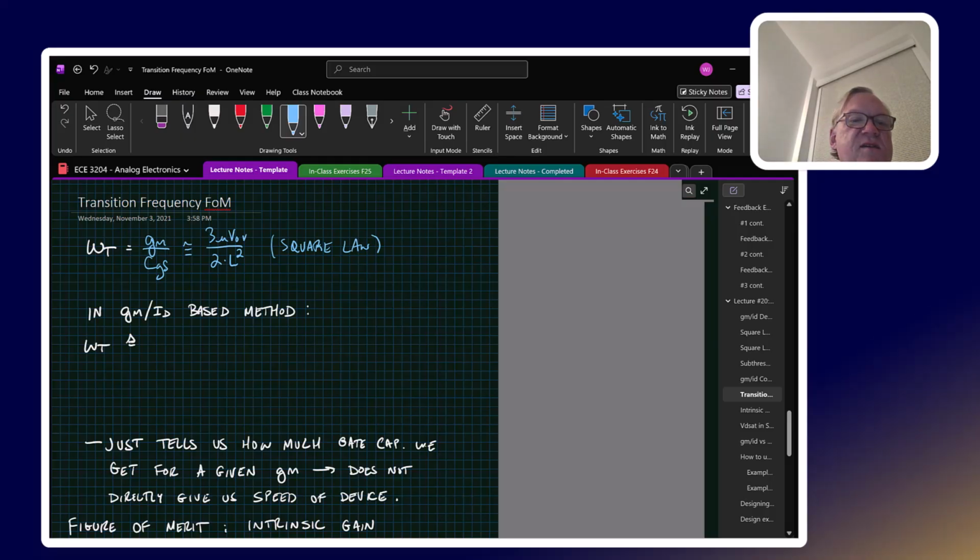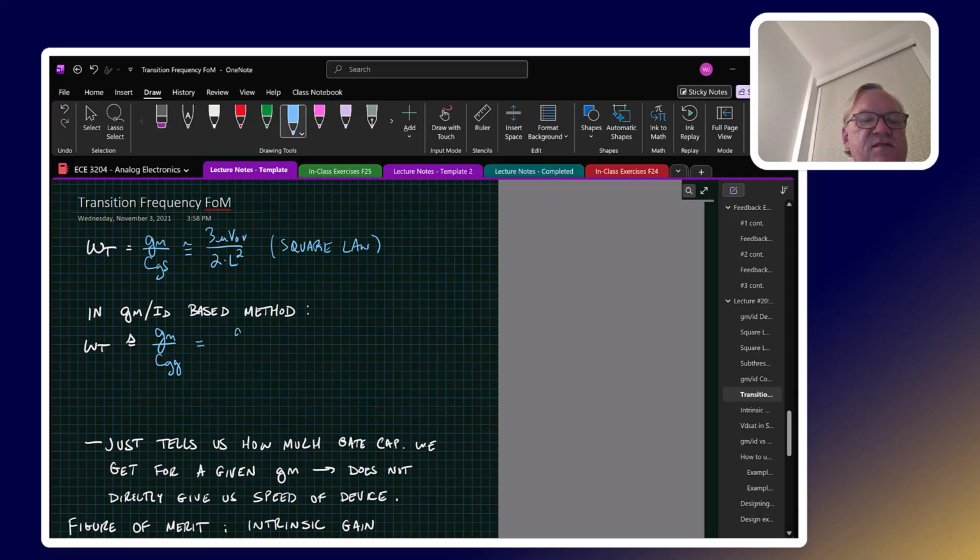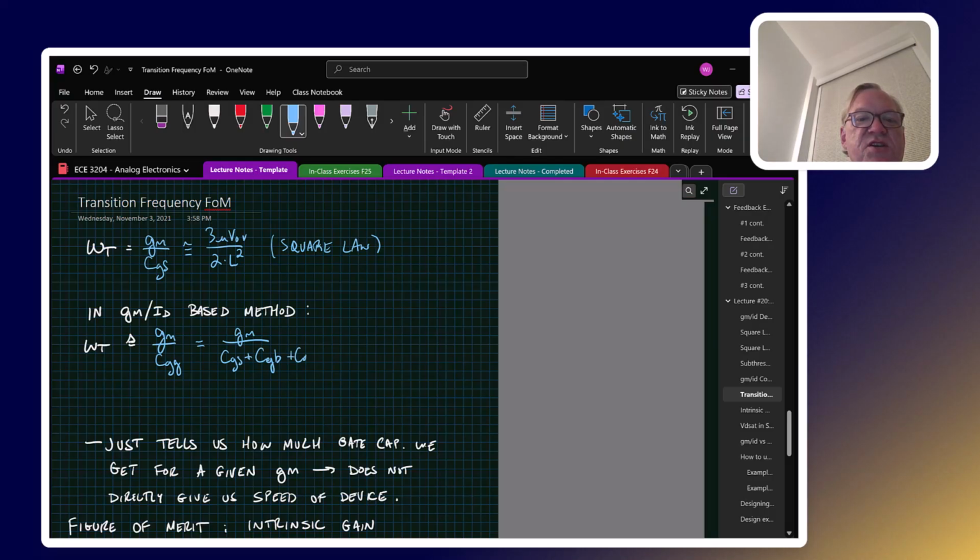In the GM over ID based method, omega t is defined a little bit differently. We define it as GM divided by CGG, where CGG is the total gate capacitance that the device has. So this would be GM divided by CGS plus CGB, the gate to bulk capacitance, plus CGD, the gate to drain capacitance.